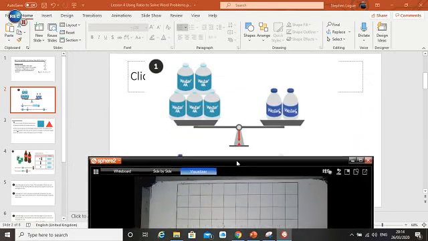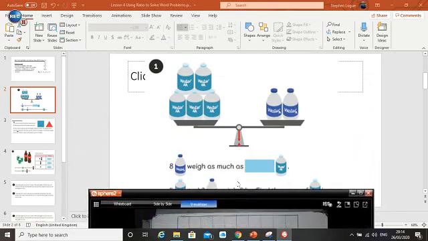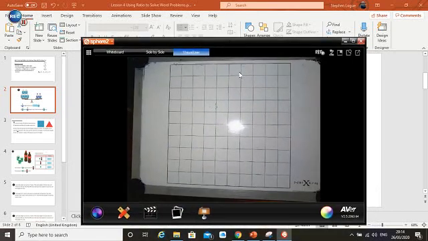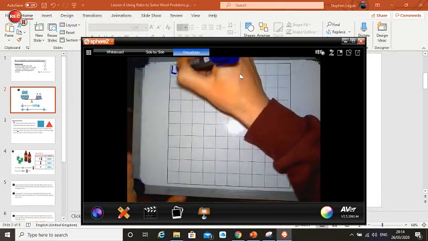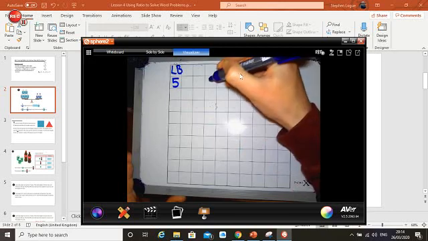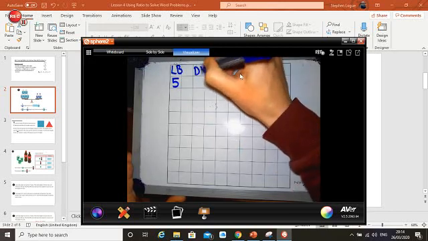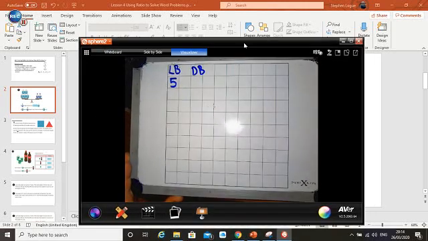Right, okay, let's write down the key facts that we know. So, we know that 5 light blue water bottles weigh as much as 2 dark blue water bottles. There's our ratio.